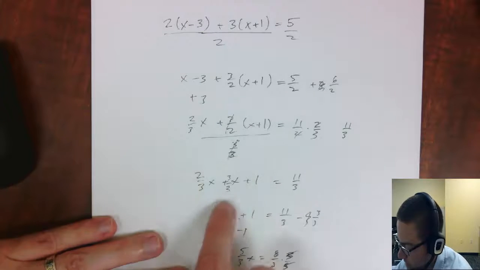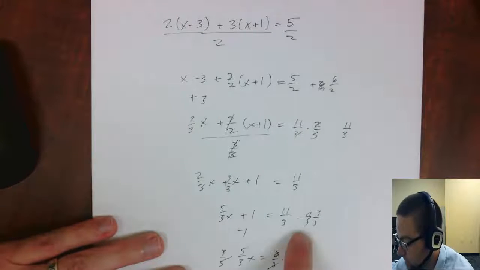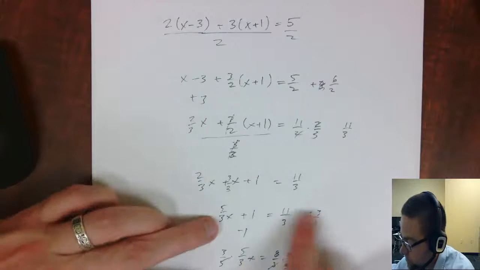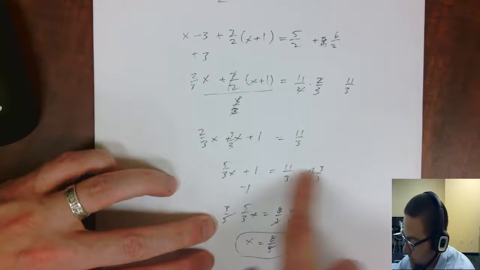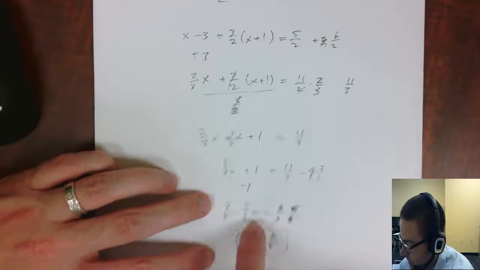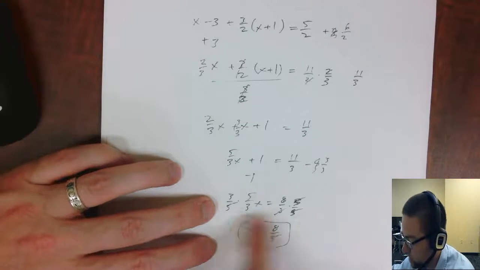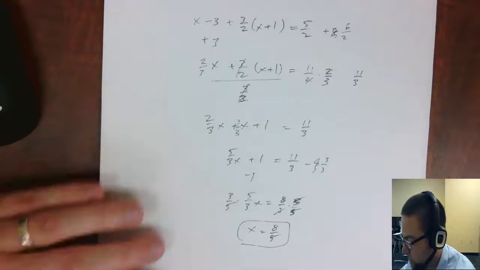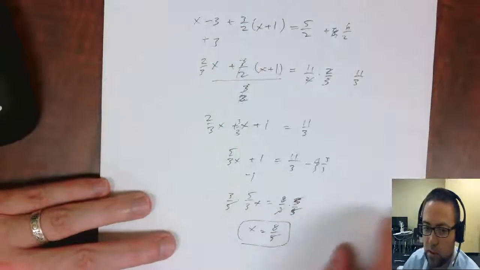This is 1x, which is the same as 3/3 x. Add them together, you get 5/3 x plus 1, and then I can subtract the 1 off from both sides, which is the same as 3/3. So that turns into 8/3, and we get rid of the 5/3 x and multiply both sides by 3/5, and I get 8/5. So it's a much more complicated process to try to do it by undoing.